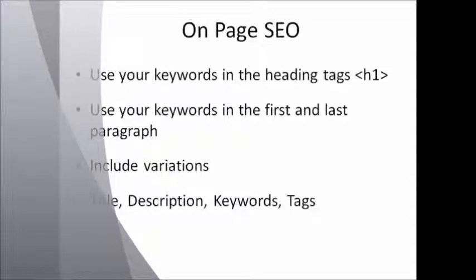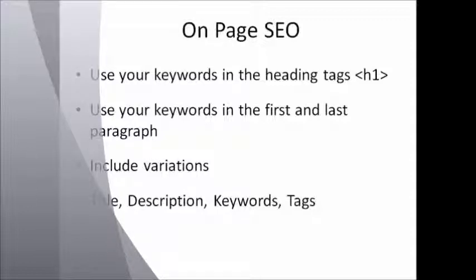So my main keywords are best sleeping bags and sleeping bag reviews. So maybe I could put best sleeping bag, drop the S, or top sleeping bag, or best selling sleeping bag. Or I could also do sleeping bag ratings or sleeping bag comparison. Just variations of your main keyword to mix them in there as well.